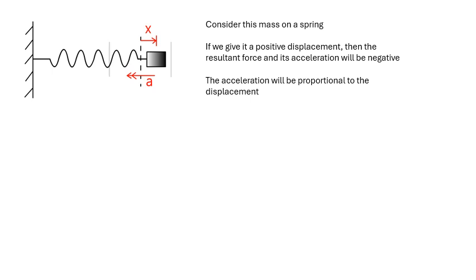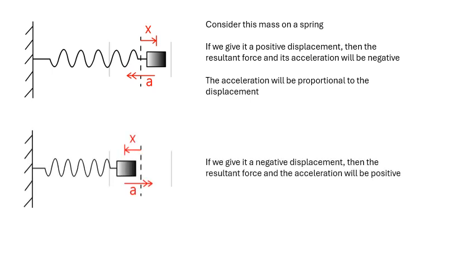If we give it a positive displacement, then the resultant force and its acceleration will be negative, and the acceleration will be proportional to the displacement, because for a spring, F equals kx, doesn't it? Yeah. If we give it a negative displacement, then the acceleration will be positive. So the displacement and the acceleration are always in opposite directions and proportional to each other.